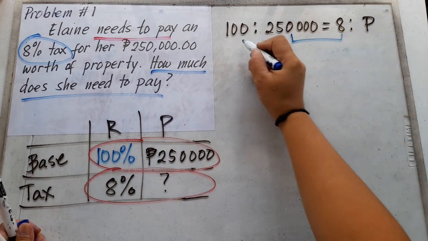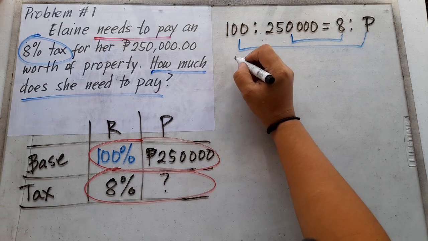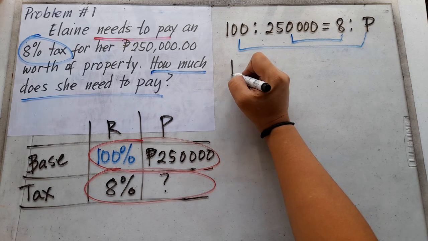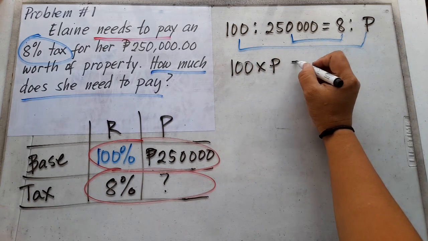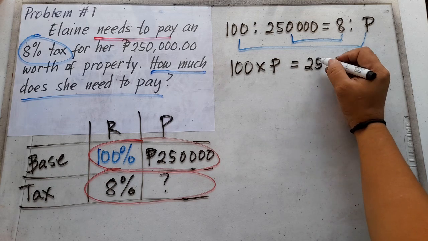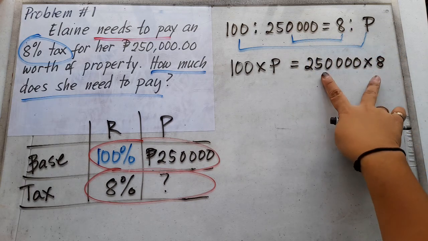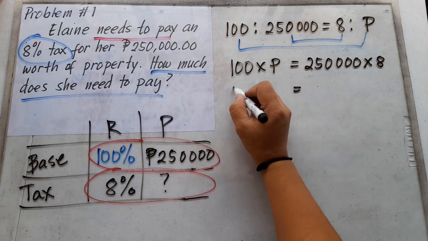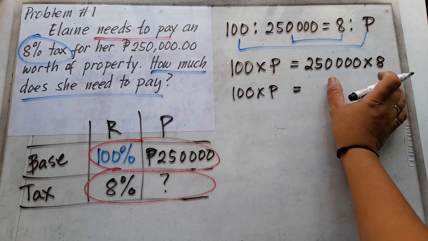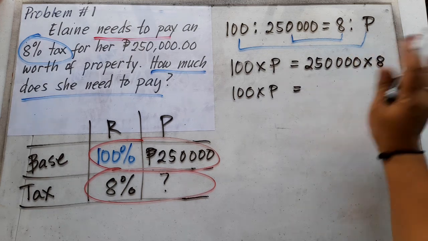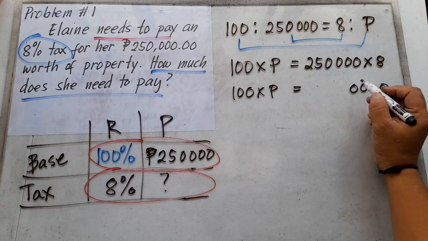Let's proceed. Multiplying the means and the extremes. So, that means we'll have, for the second line of our computation, 100 times P, that's extremes, equals 250,000 times 8. Yung means natin. Okay? And 100 times P sa left side. Okay, technique, 4 na 0 yan, no? 4 na 0. 1, 2, 3, 4. Okay?